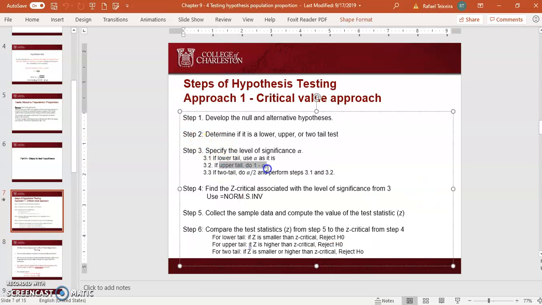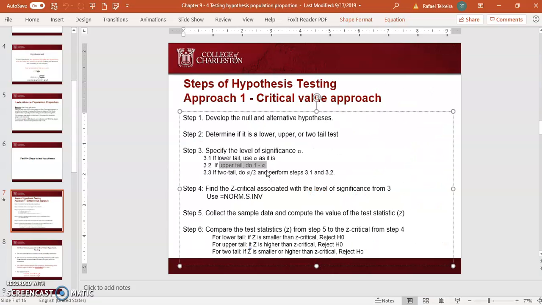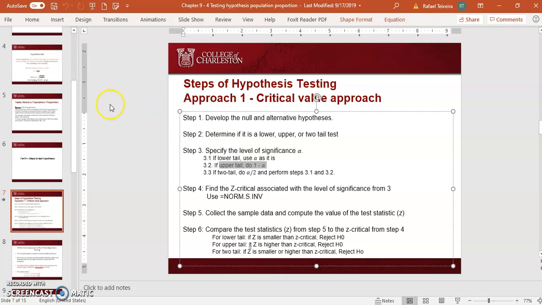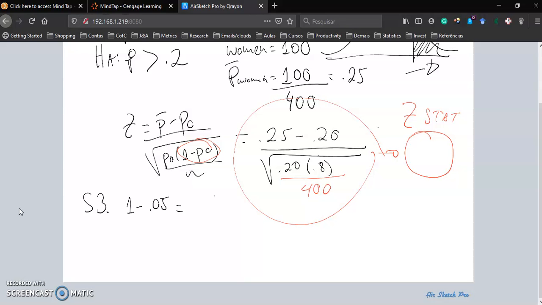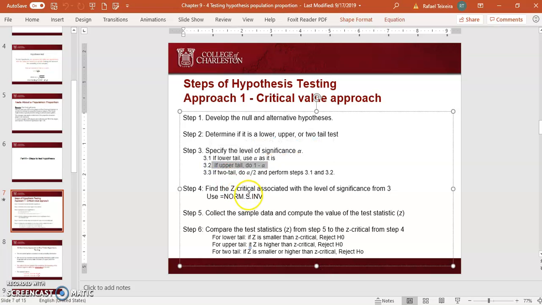So if I do the steps here, just very quickly to illustrate step 3, I do 1 minus my alpha of 0.05, which is 0.95. I do this because I have to enter this number in this formula in Excel. Remember? Then you go to Excel, enter this number, and you have a z-critical.